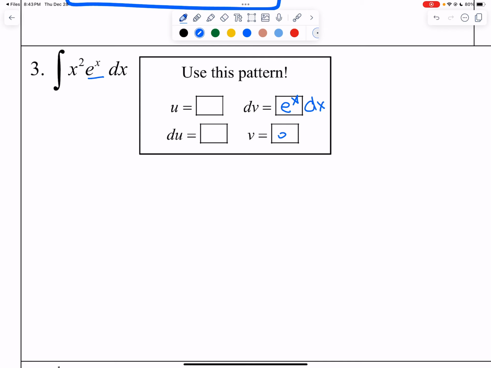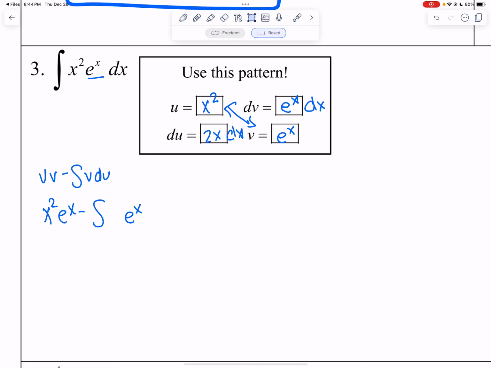And it's just easier for you to put dv as the exponential, because here x squared, we could easily take the derivative of that. That's 2x. That's great. So now I have uv minus integral of v du, multiply across, so that's x squared e to the x, minus the integral of e to the x, and then 2x dx.